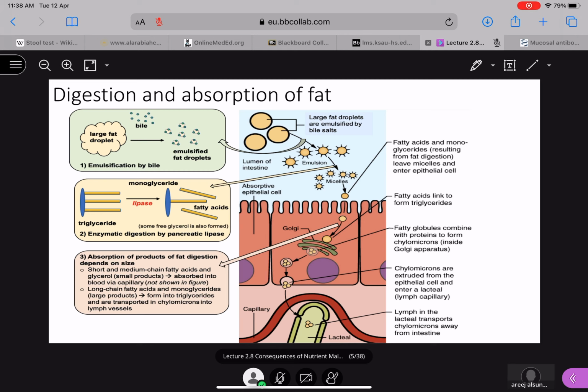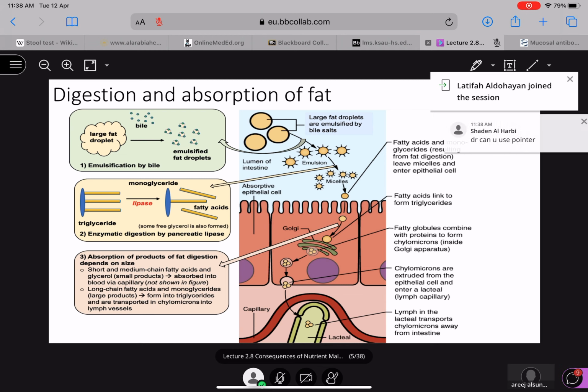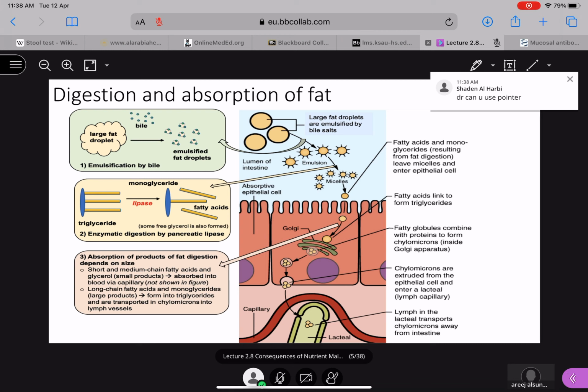So this large molecule cannot move in the aqueous solution and cannot be absorbed. So the bile will come to this large molecule. Keep in mind that bile acid has two surfaces: one surface is hydrophobic and the other surface is hydrophilic. So this bile acid will come to the large molecule of lipid and will act as a detergent on it.